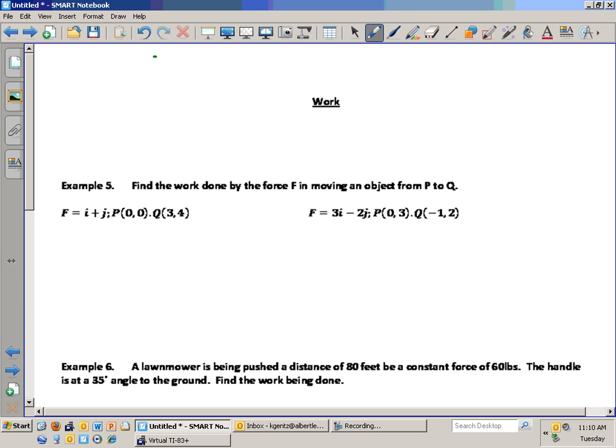So we define work. Work is equal to force times distance, or work is equal to F times D. So if I push a 1,000-pound car 10 feet, my work would be 10 times 1,000, which is 10,000.